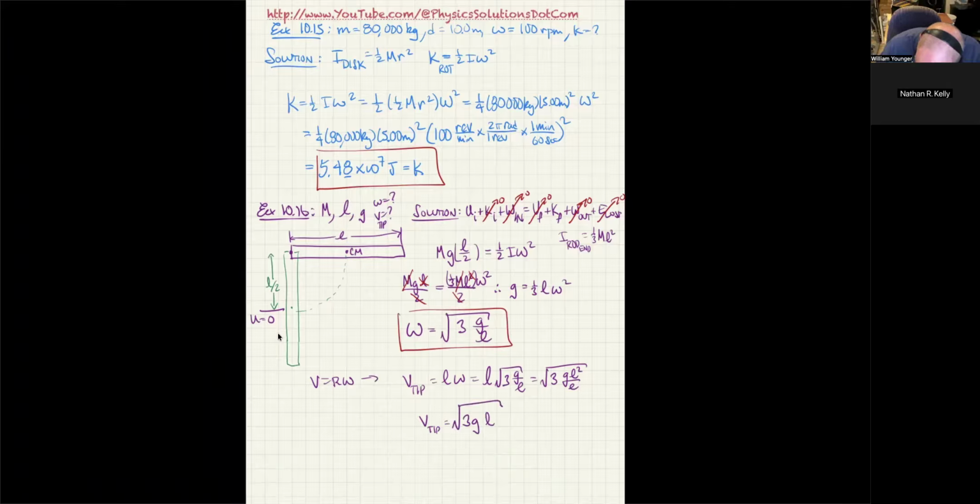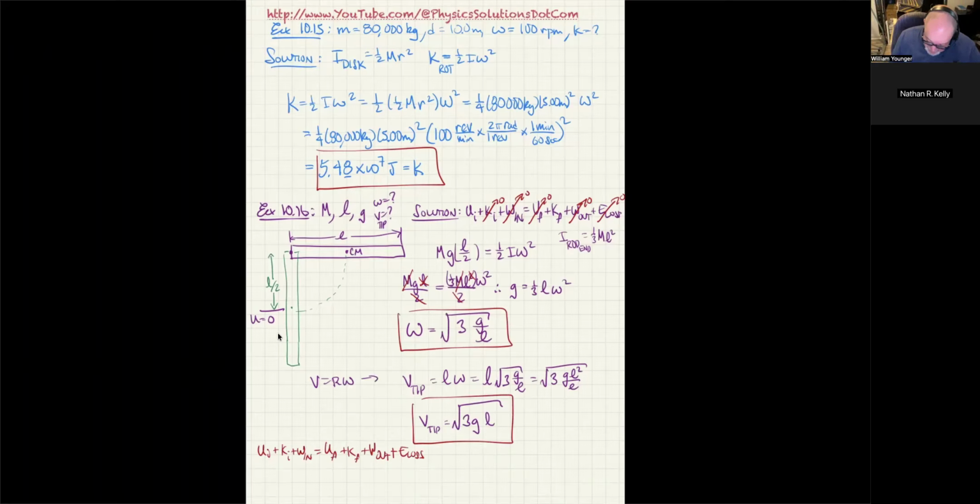And you might notice that when an object falls just straight down, what would its velocity be? Well, using conservation of energy, U initial plus K initial plus work in is equal to U final plus K final plus work out plus E loss.